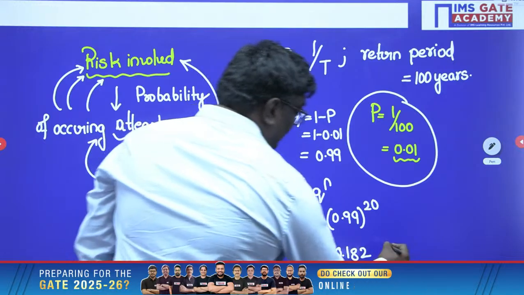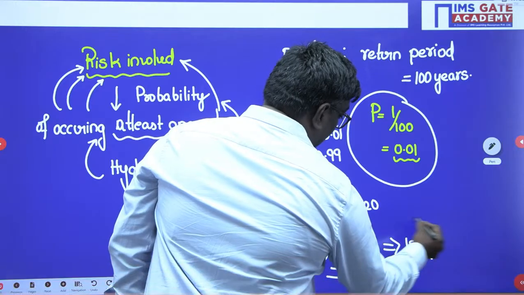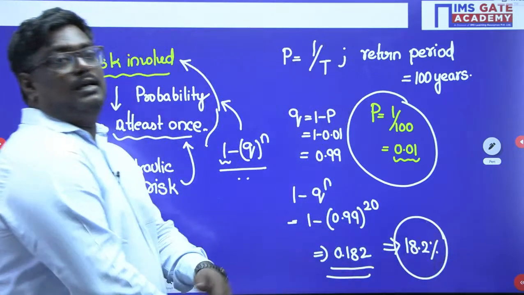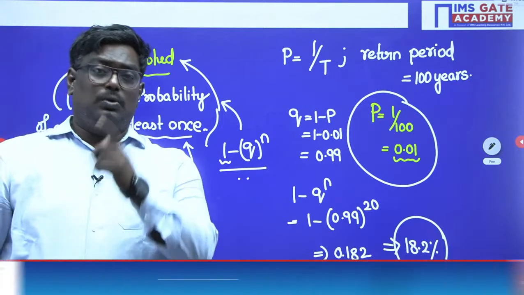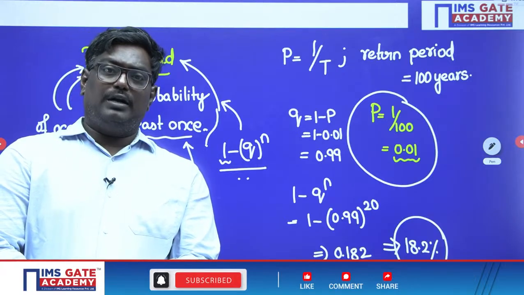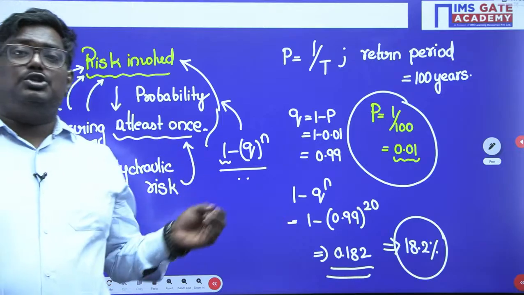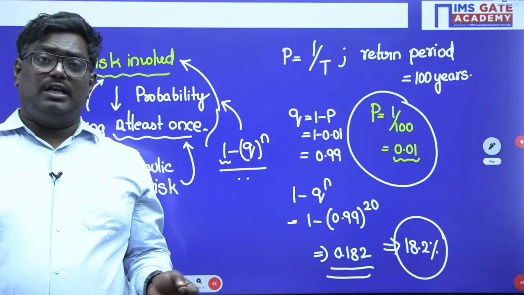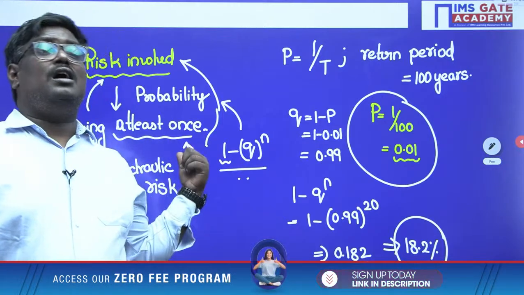And if they ask for the answer in percentage, this should be equal to 18.2 percent. So my dear students, let me tell you one important thing: whenever they use the word hydraulic risk or risk involved, the probability of occurring at least once will be the hydraulic risk.